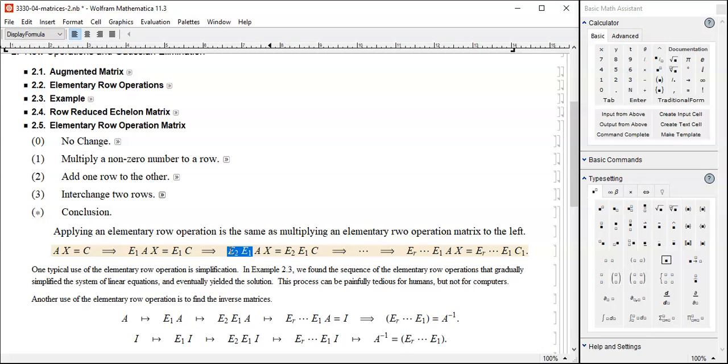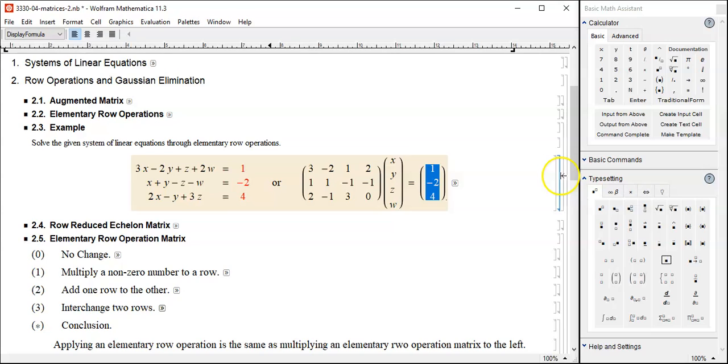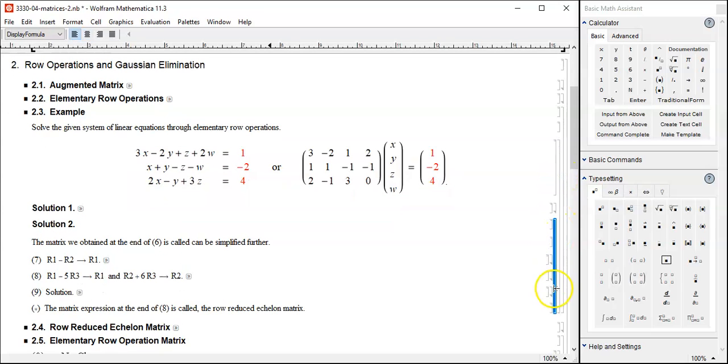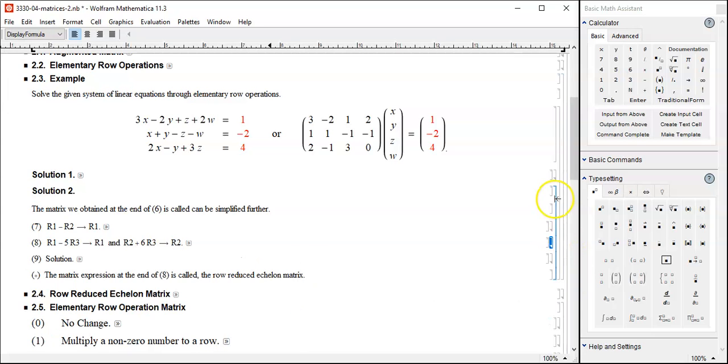All these are matrix multiplications to the left. The right-hand side is pretty clear: that corresponds to c becoming this one by multiplying all those matrices to the left.